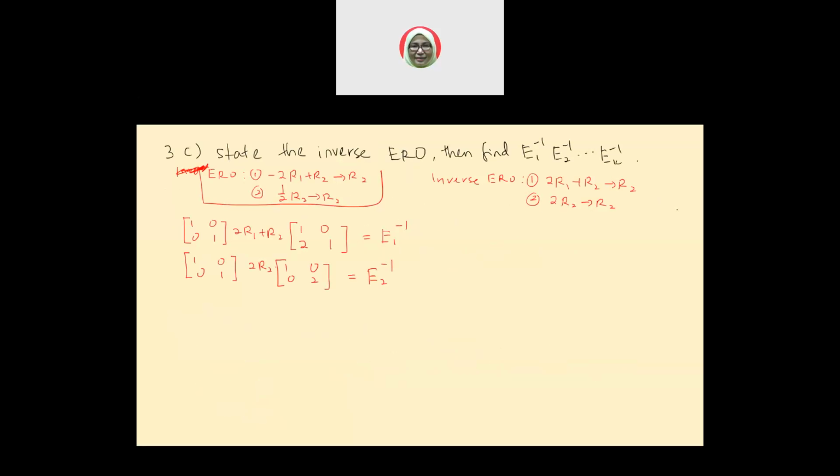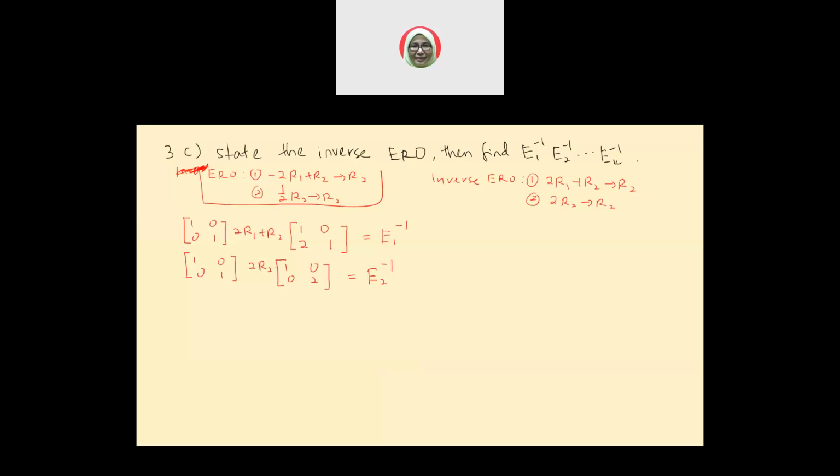Right, 3C, state the inverse row operations. We got these row operations from the previous question. The first is negative 2R1 plus R2. So the inverse of the first row operation is 2R1 plus R2 changes in R2. Remember this is an addition with a scalar multiple. This is a negative number, so for the inverse row operation it should be a positive number.